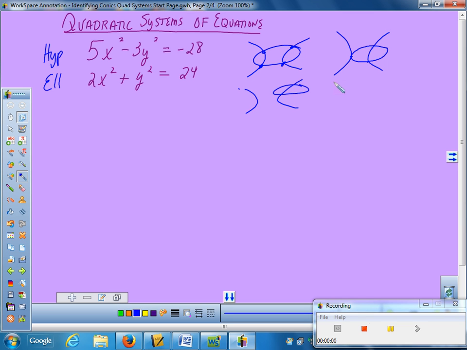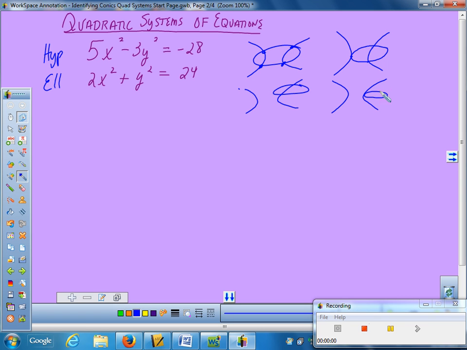Sure. Where would you want it to be 1? Yeah, it'd have to be just one tangent touch. You know, obviously, it's easiest to put it at a vertex, but it wouldn't have to be. Could it be a no solution? Could it not intersect at all? Yeah, it could be out somewhere in the middle of one of my hyperbola branches.